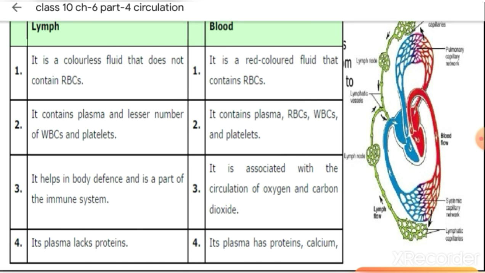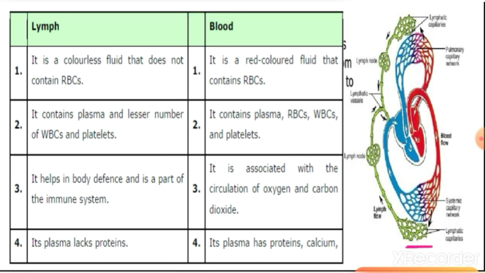So here you could see these lymphatic capillaries around the blood capillaries. They collect all the extracellular material which is required for the body. These lymph capillaries make a lymph node here. These lymph nodes are enriched with white blood cells.